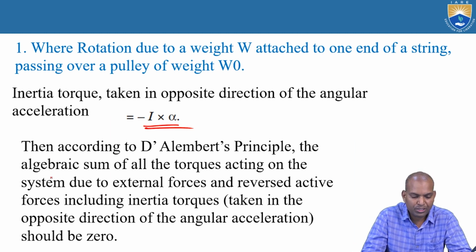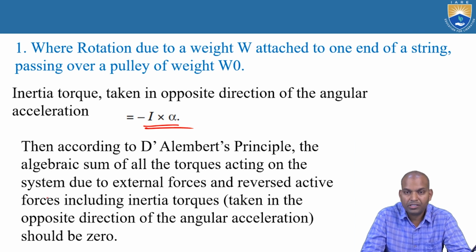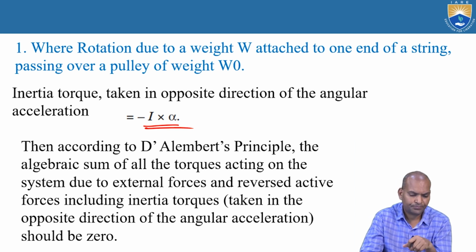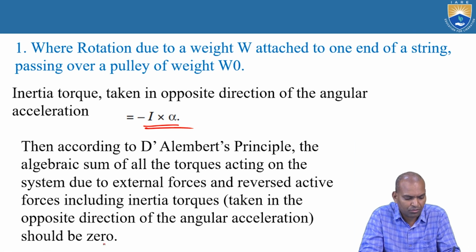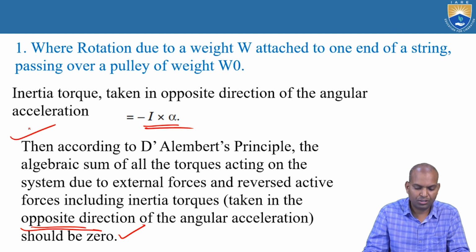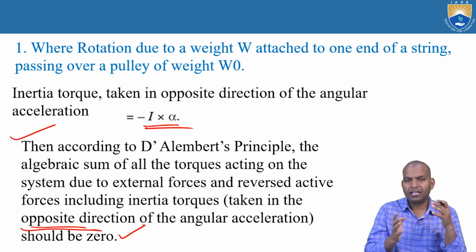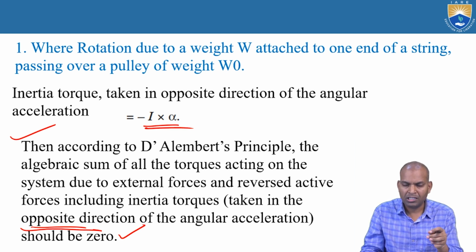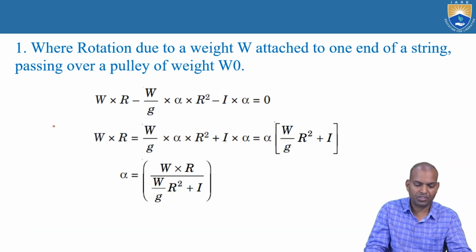So according to D'Alembert's principle, the net external torque and the reversed or inertia torque are said to be in equilibrium, or the algebraic sum of the net external torque and the inertia reverse-acting torque should be equal to 0. That is what D'Alembert's principle says.